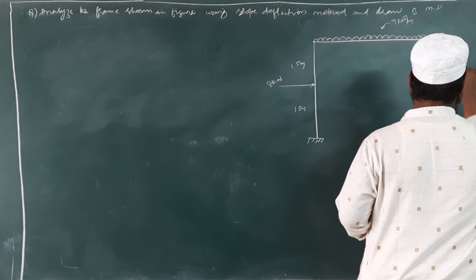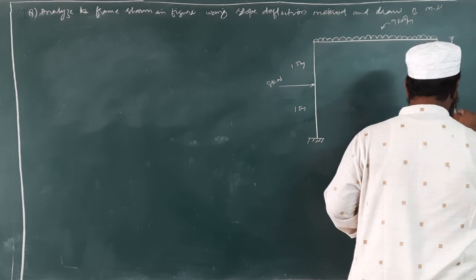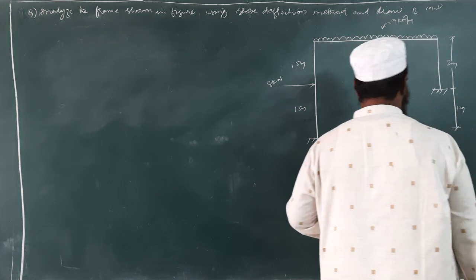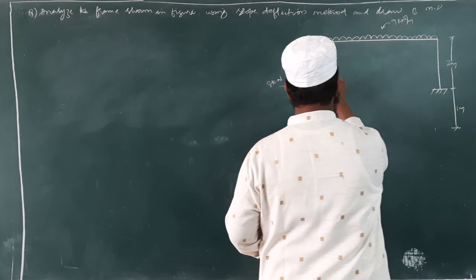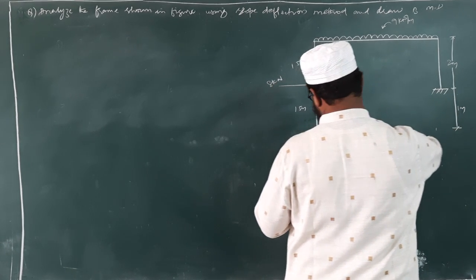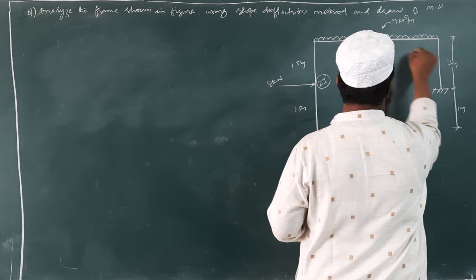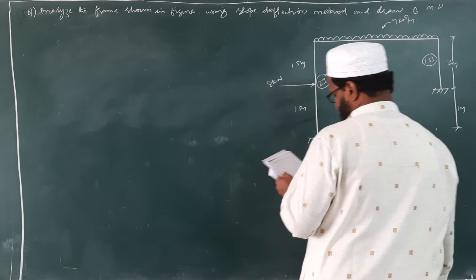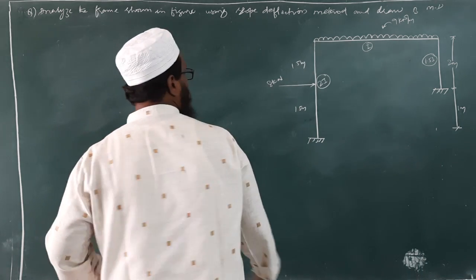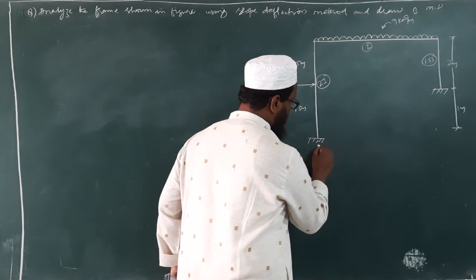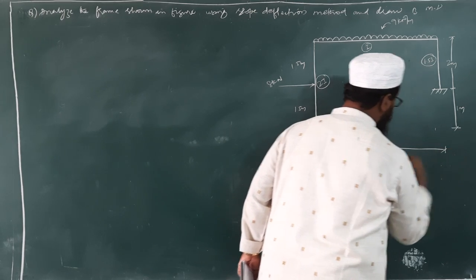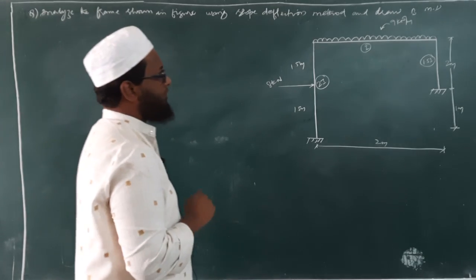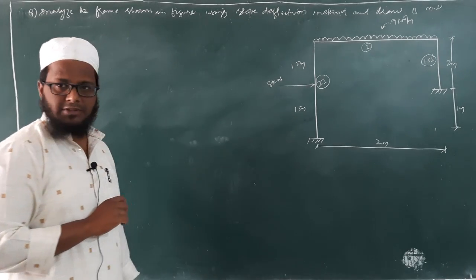From here to here it is 2 meter, and till here it is 1 meter, and this is 2I and 1.5I. Okay, and this distance is given as 2 meters. So this is the frame given in the question.